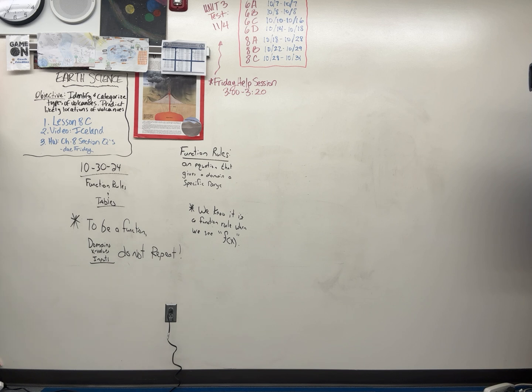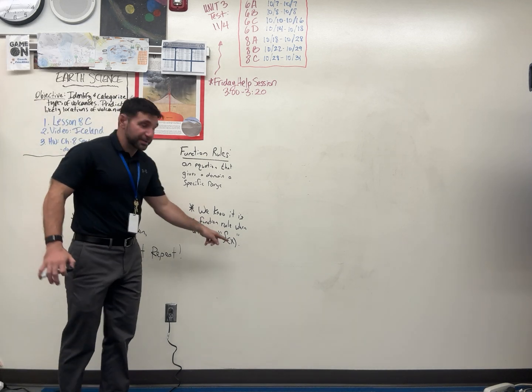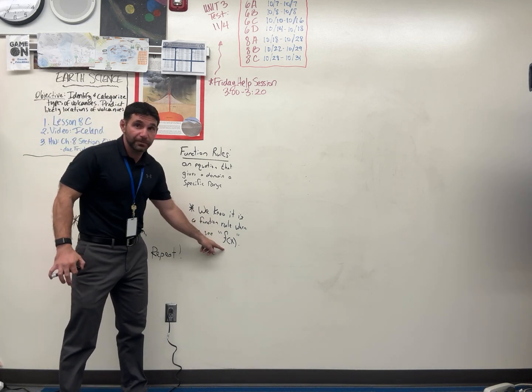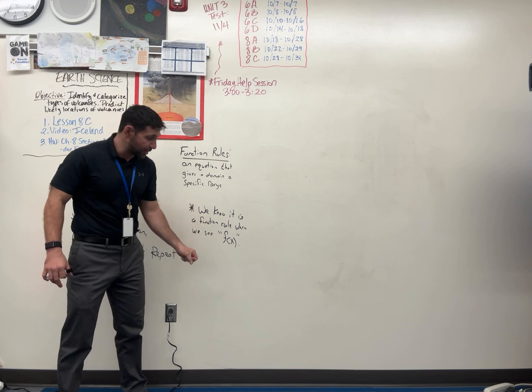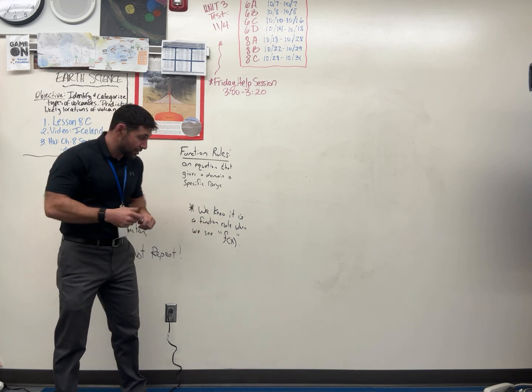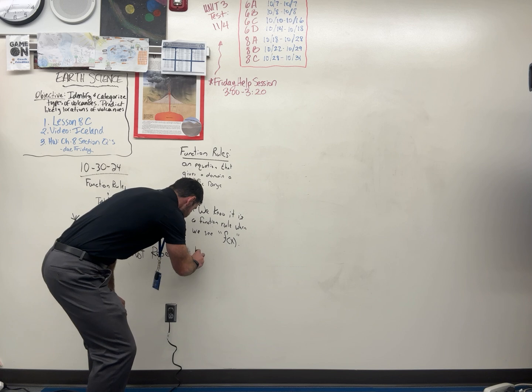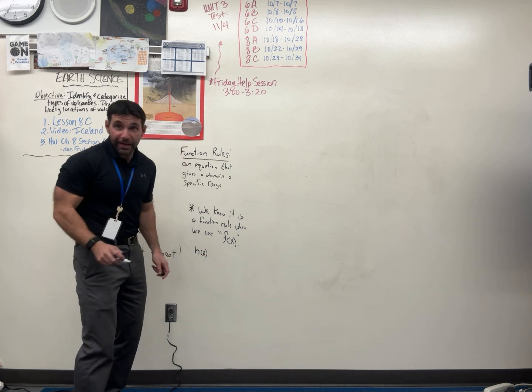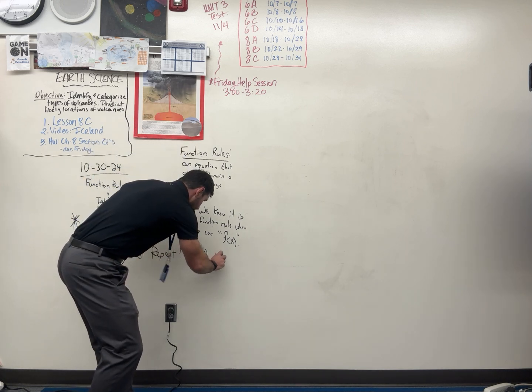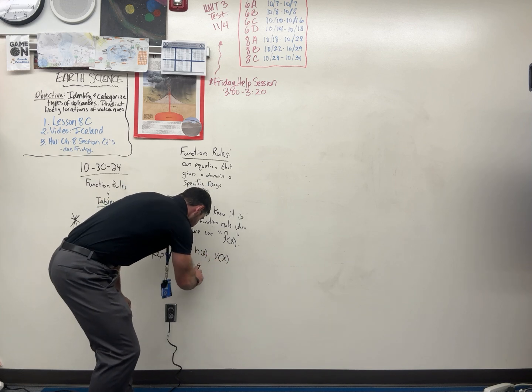Now, this is where it's going to get a little confusing. We see f of x, but this isn't the only way that we're going to see it. If you pay attention to anything, now would be a great time. F of x could also be seen as h of x, v of x, g of x.